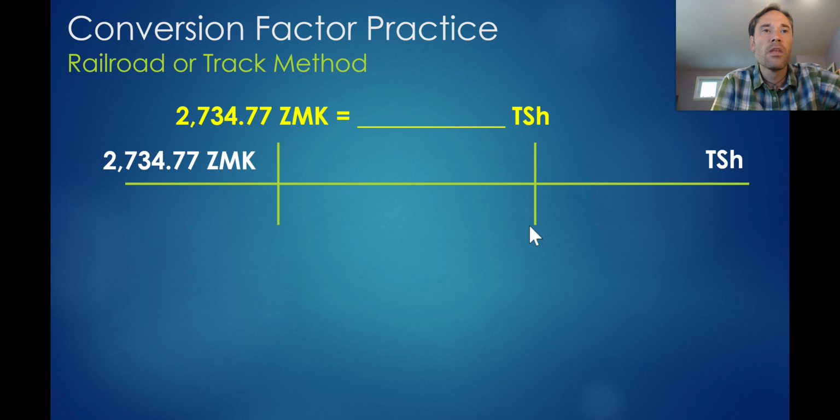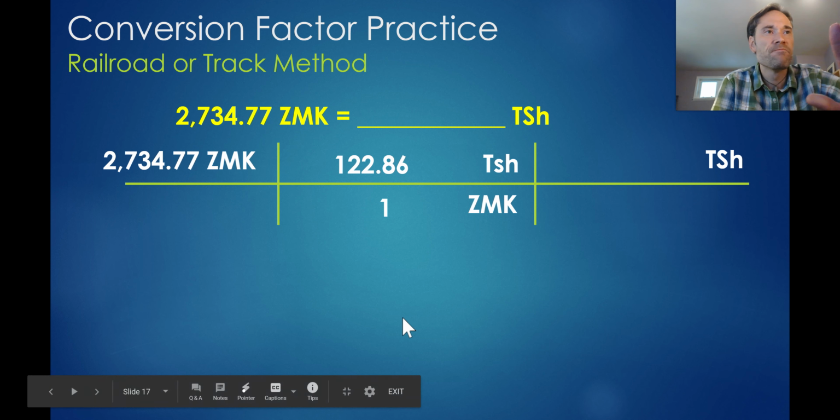Then my conversion factor is going to go in the middle. I'm going to put the kwacha on the bottom and the shillings on the top, because I want the kwacha to cancel, one on the top, one on the bottom, and I want the shillings to be what's left over. The numbers for the conversion factor are going to come from that original screen, and that original screen said that 1 kwacha is equal to 122.86 Tanzanian shillings.